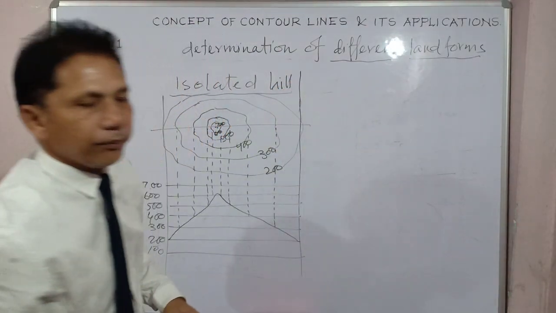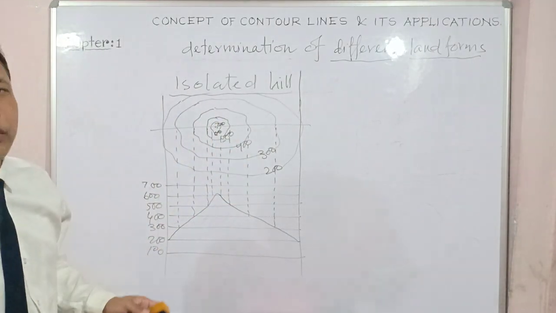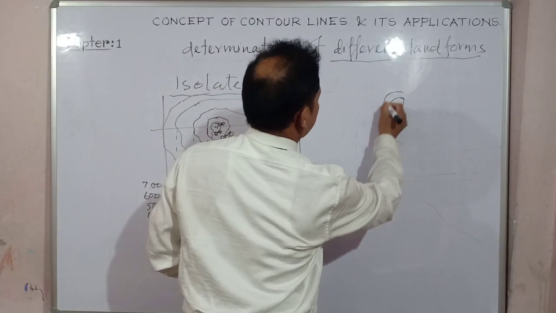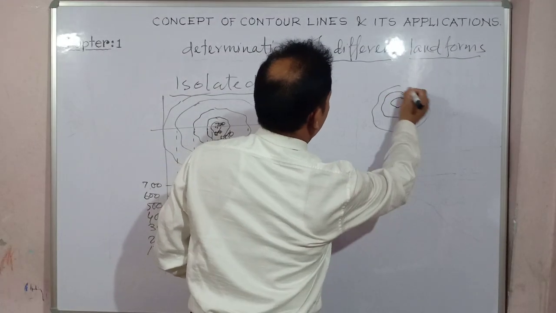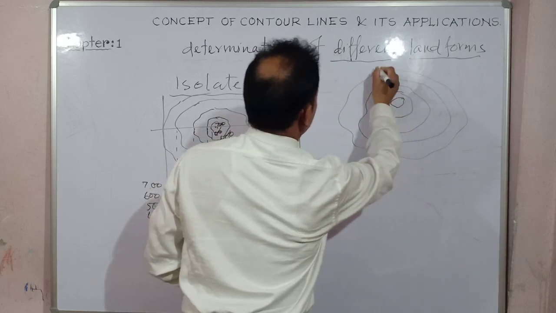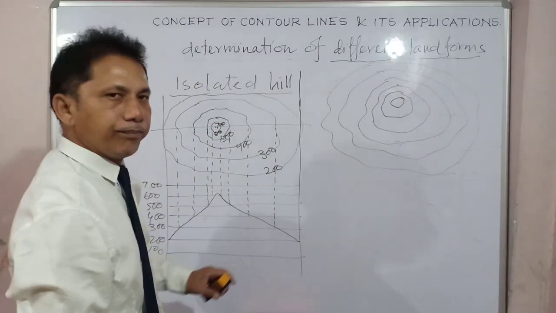Now on the other hand, I am just changing the pattern of the values. You see what comes. Suppose the same pattern of contours, almost the same, right?